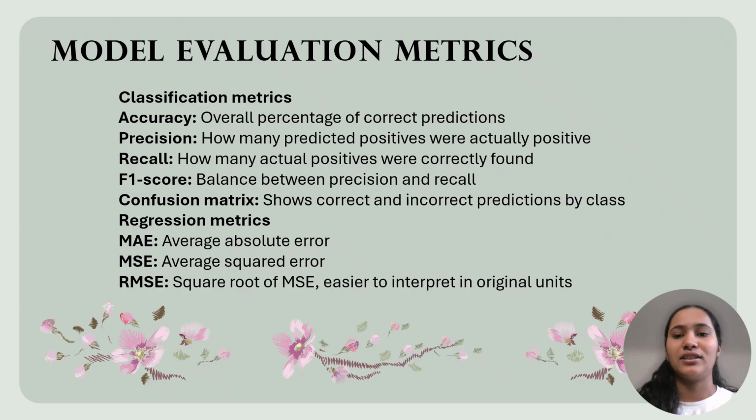Recall tells us how many actual positives the model found. F1 score balances precision and recall. For regression, we use error-based metrics like MAE, MSE, and RMSE to measure how far predictions are from actual values.